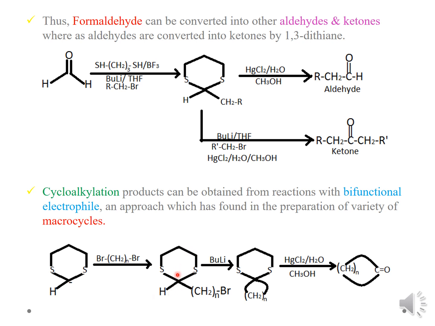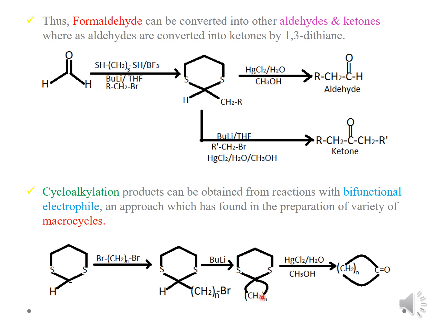Once you get this adduct, if you treat it again with butyl lithium, this butyl group will abstract the proton and generate the negative charge. Again this negative charge will attack the alkyl group with the cleavage of the bromide group. In the next step, the lithium atom and the bromine go as LiBr, resulting in this cyclic compound.